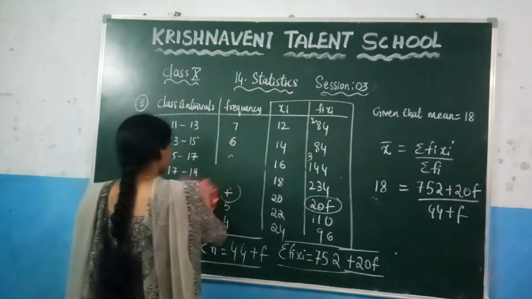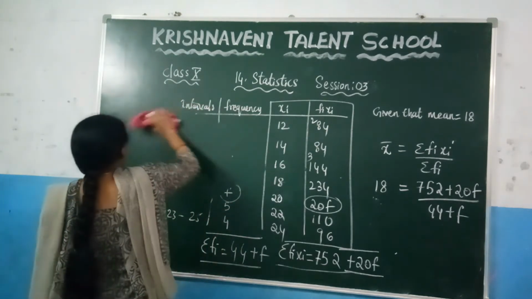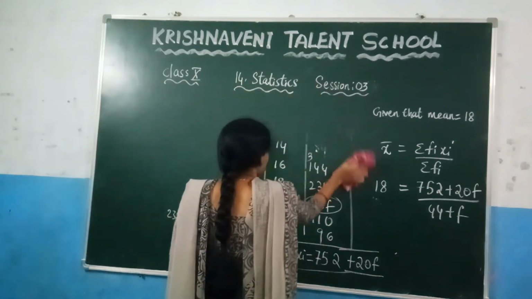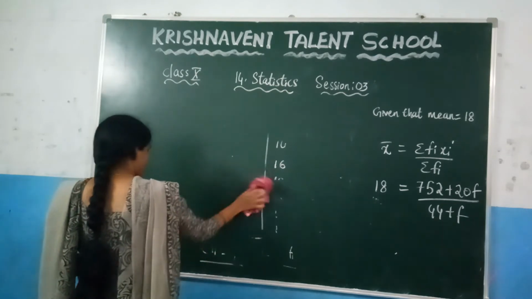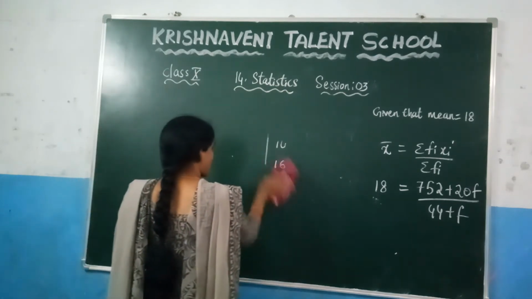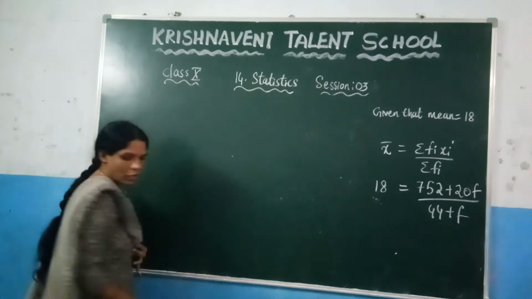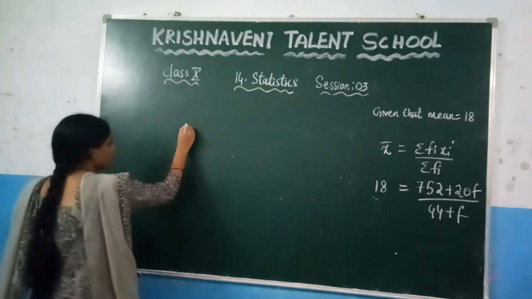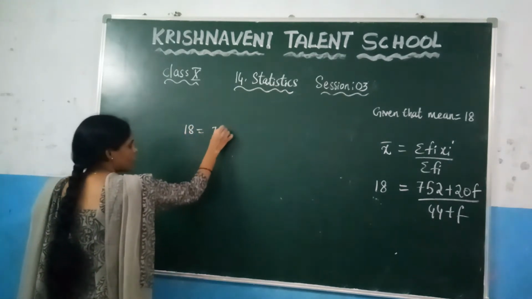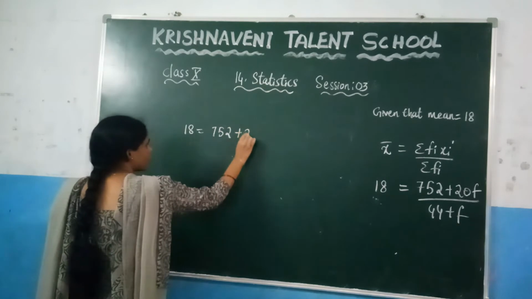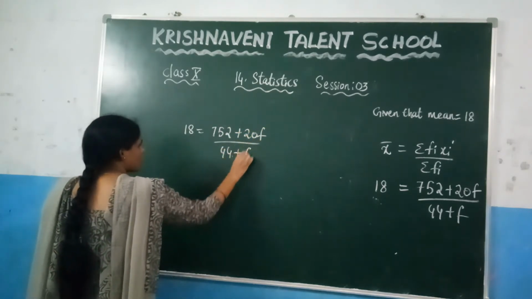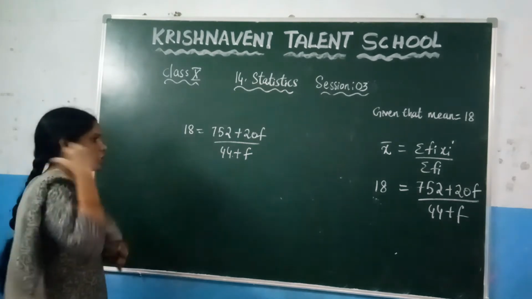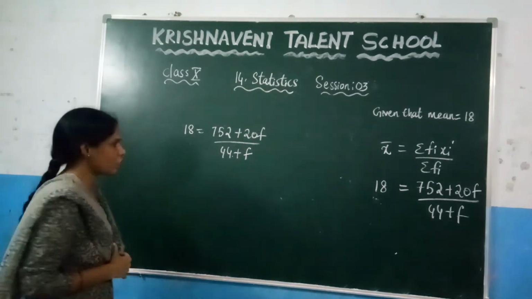Now solve this one. If you want to find the value of f, so what we got here is 18 is equal to 752 plus 20f by 44 plus f. This is the equation we got. Based on this equation, you can find the value of f here.